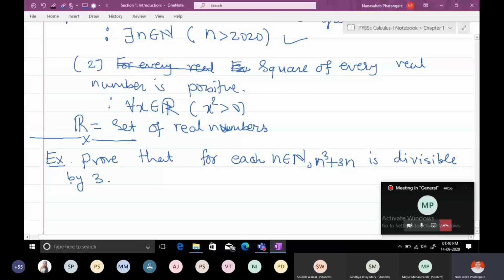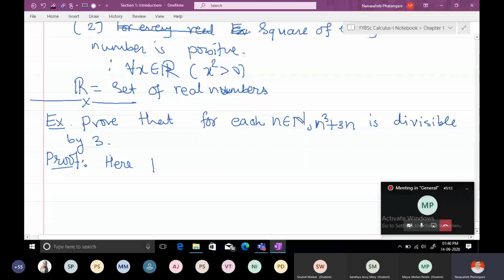So what is the first step? What is my Pn statement here? What is statement Pn? n cube plus 3n is divisible by 3 for all n in natural numbers.